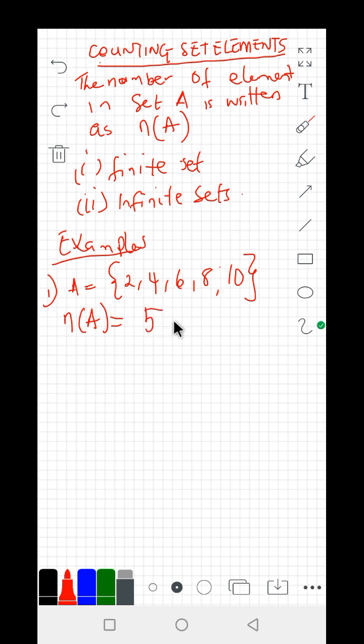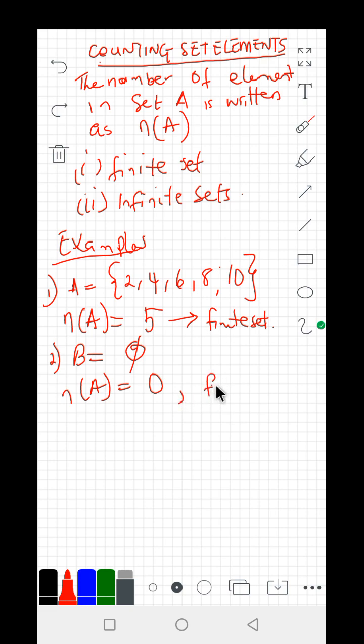It's 5. So this tells you that this is a finite set. How about given this set to be equal to null? So what's the number of elements here? It's 0. Is this finite? Yes, it's a finite set.